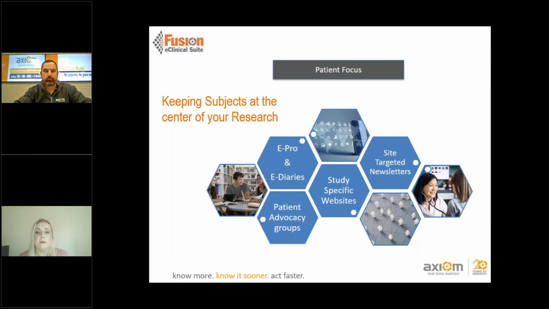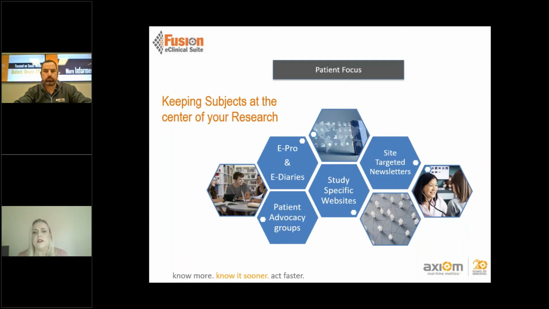We often, as a CRO here and often at Axiom, reach out to these advocacy groups to get a better understanding of the patient population, and also the patient population will contact them about available studies. We also look at study-specific websites.